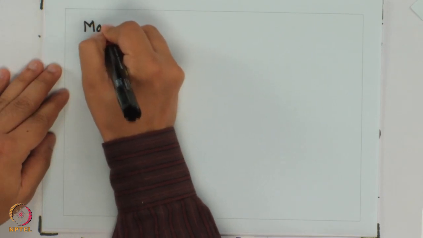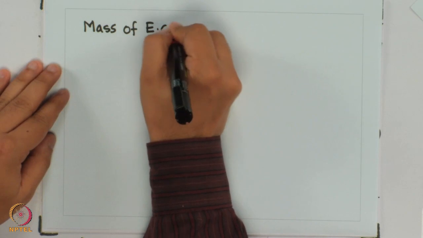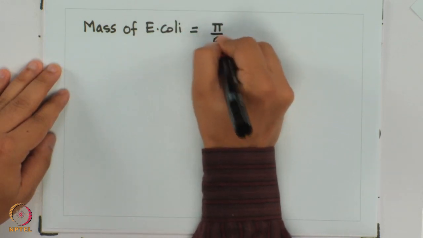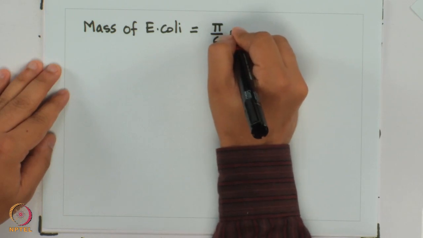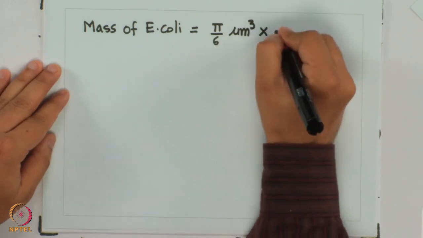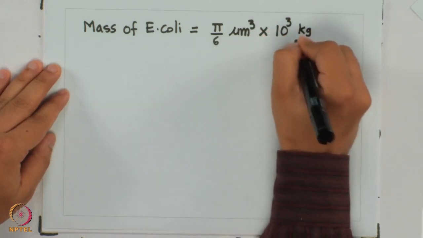So when we multiply this volume by the density of water, we get mass of an E. coli cell as equal to pi by 6 micrometer cube times density of water, which is 10 power 3 kg per meter cube.